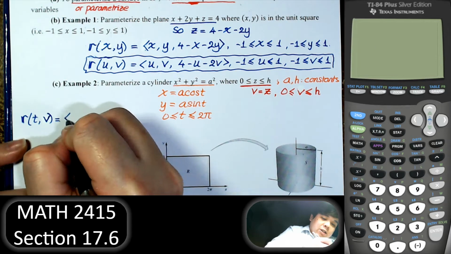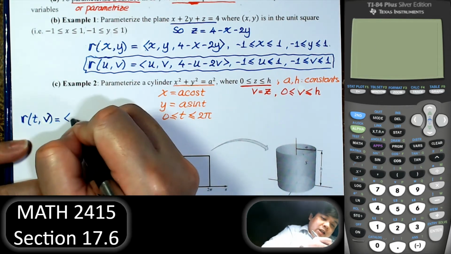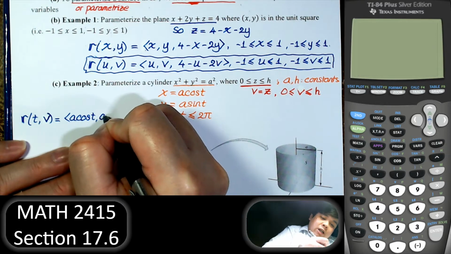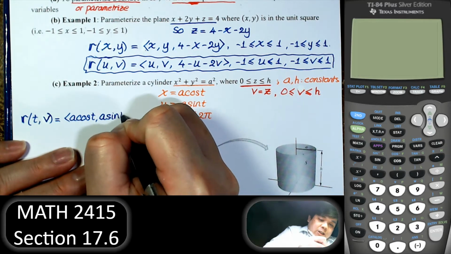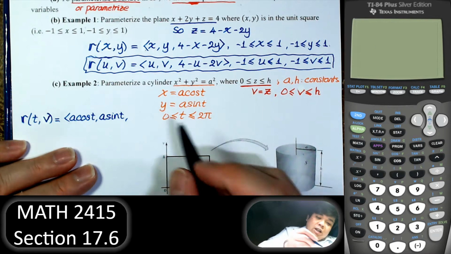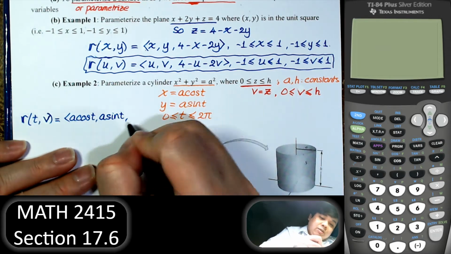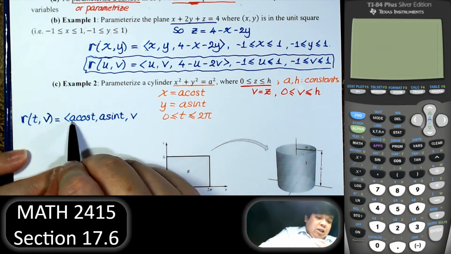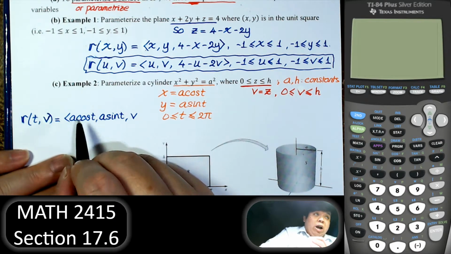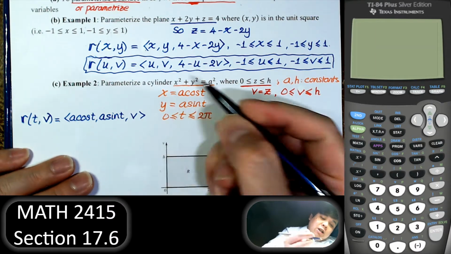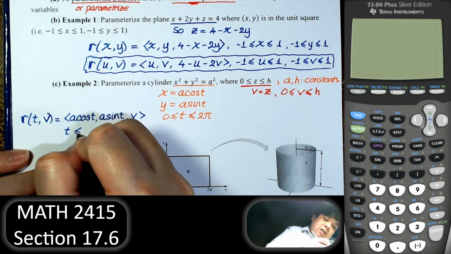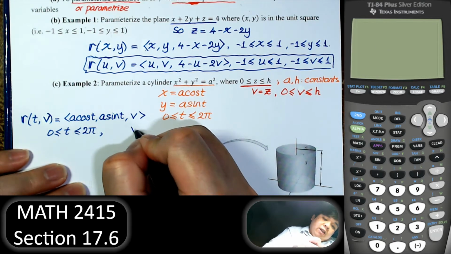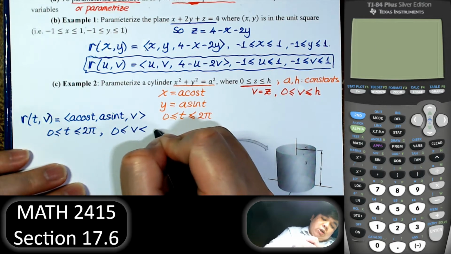So x can be a cosine t, y is a sine t, and z is equal to v. So we have two parameters, t and v, that give us three variables x, y, and z. In that case, t is between 0 and 2 pi, and v is between 0 and h.